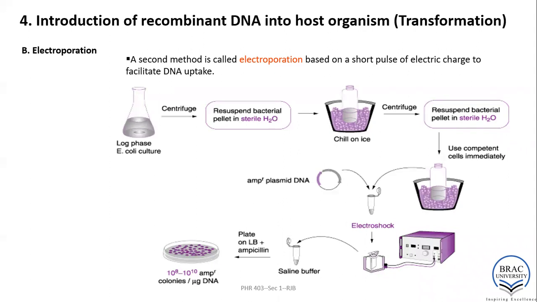In electroporation, the electric current generates pores on the membrane of the cell, and the DNA is trapped there. As soon as the electric supply is removed, those pores close and the DNA is moved inside the cell. So these are the two main transformation procedures generally applied in the laboratory to transform the ligation mixture, or the DNA, into the competent bacterial cell.